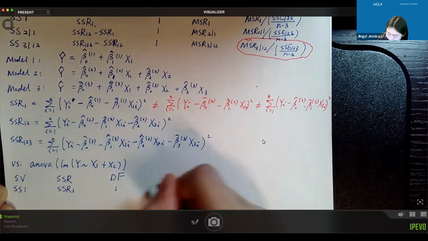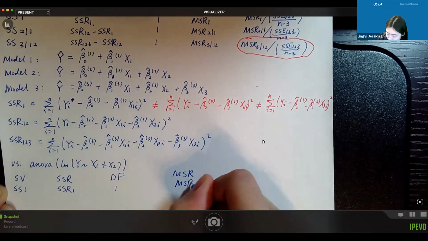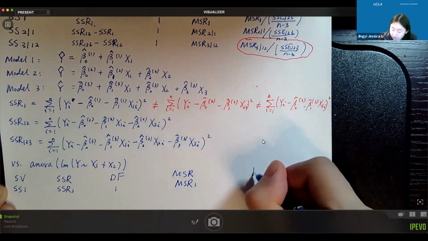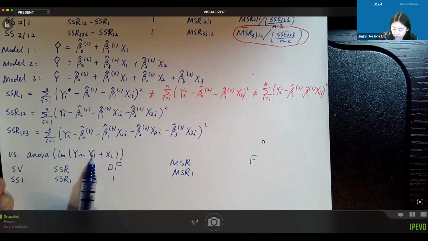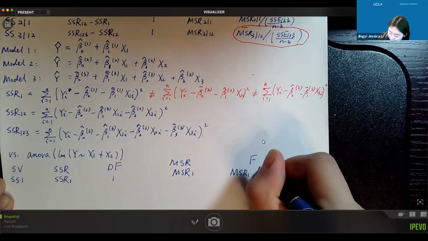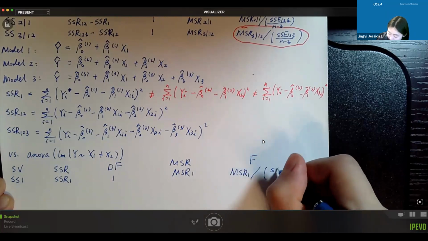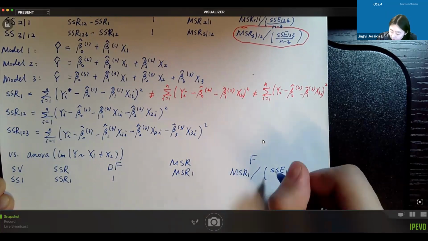DF is also 1. MSR stays as is. And finally, the F-statistic will be different. If you only include 2 predictors in this R function, it will be equal to MSR1 over SSE12, the model with 2 predictors, over n minus 2.